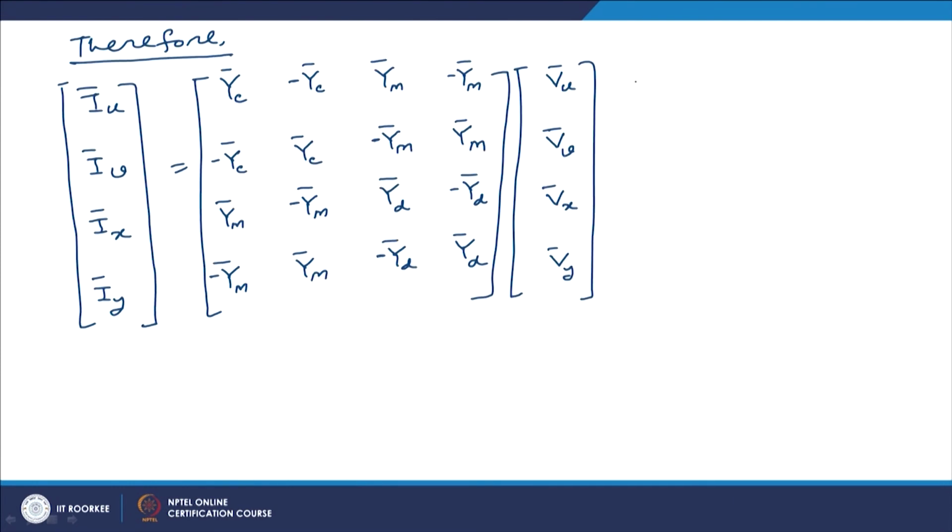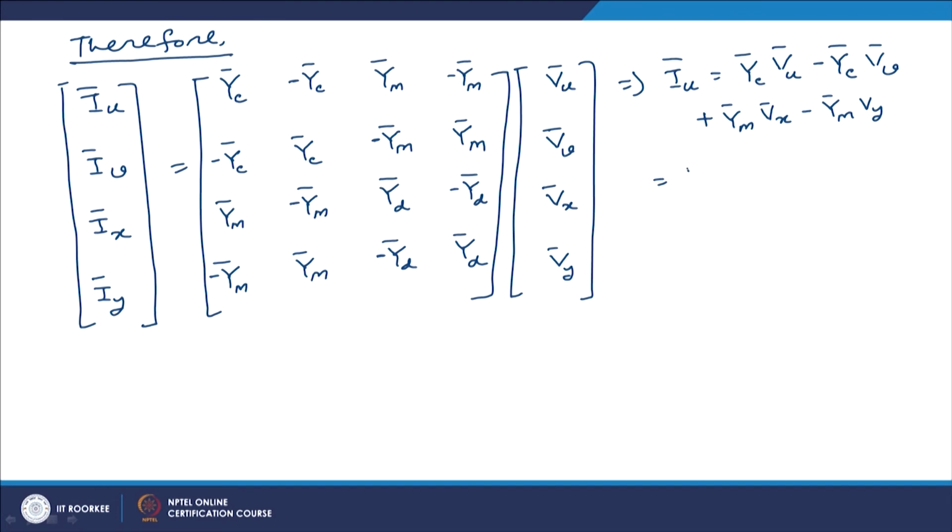IU is equal to YC VU minus YC VV plus YM VX minus YM VY. To this we simply add YM VU and also subtract YM VU.